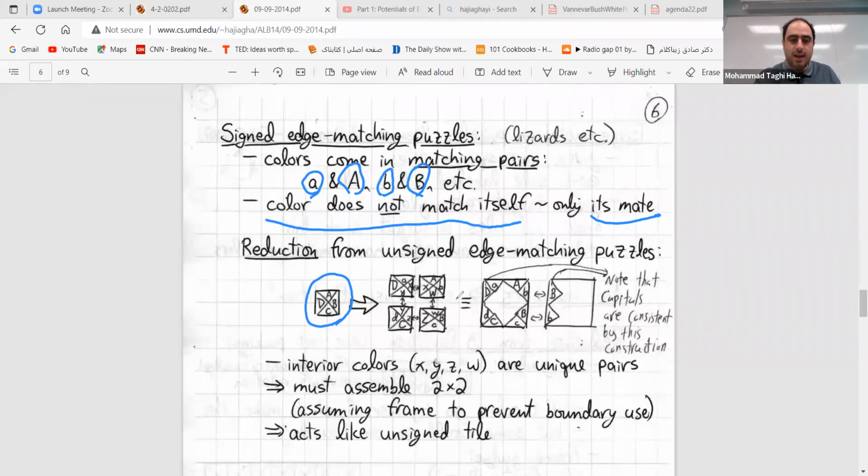How can we create it? For this one, we are putting four pieces like this. We are just adding a few more colors for this piece. So we are adding essentially D here, a capital D, and then a non-capital D here.